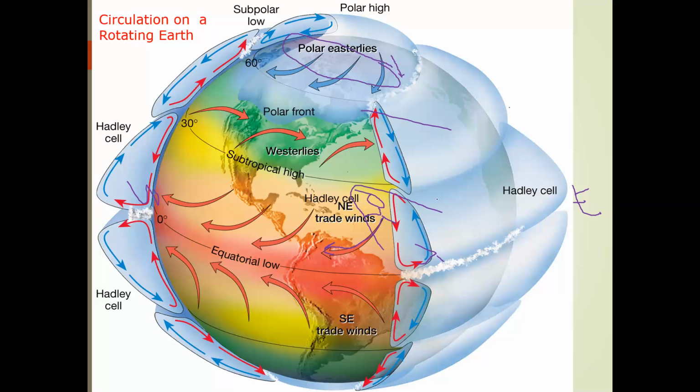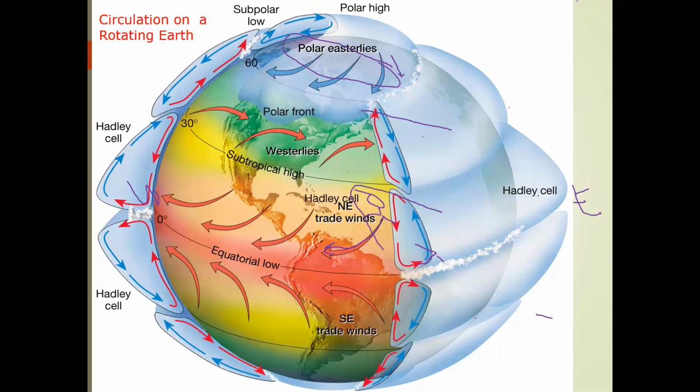And Coriolis will now deflect those winds to the right, because now we're standing here, watching the air move, and it moves to our right. So now those winds are deflected from west to east. So they're blowing from west to east, and they're called the westerlies.